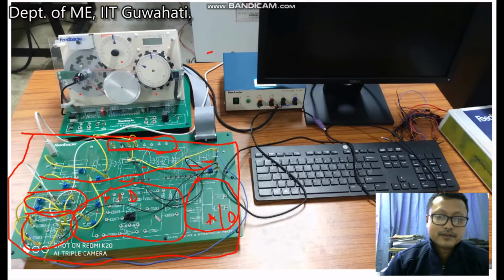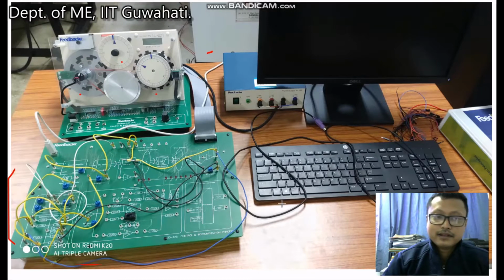So these are the available components of this setup, where you can connect various wires according to the given circuit diagram to get a particular controller. If you want to connect the D controller, these are the wirings; if you want the P controller, these are the wirings; and if you want the I controller, these are the wirings.